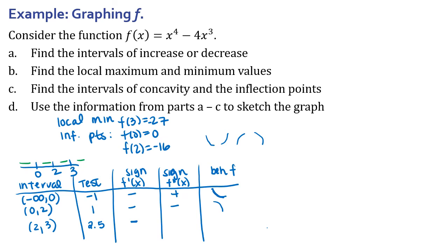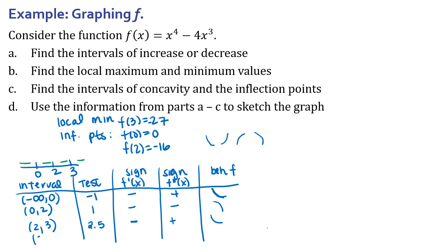On the second derivative, at 2.5, if I put that into our second derivative test, this would end up being positive. So this function is going to look like this here. Oops, not like that, like this.